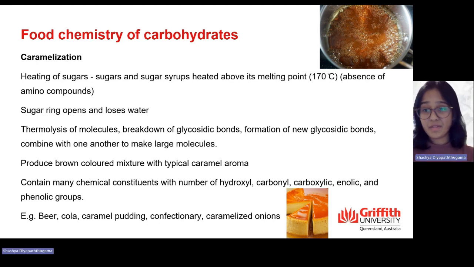So this final product, which is brown in color and giving you the caramel aroma, can contain several chemical groups like hydroxyl, carbonyl, carboxylic, enolic, and phenolic groups. So this caramelization happens in food items like beer, cola beverages, and you can see this caramel on top of caramel pudding and some confectionery items, and also in caramelized onions.